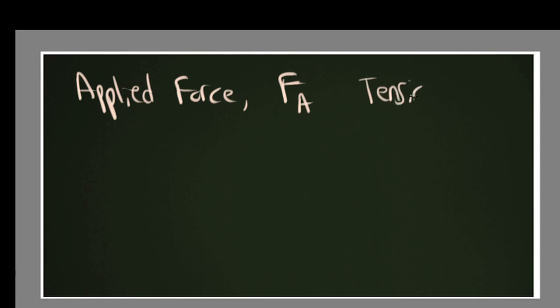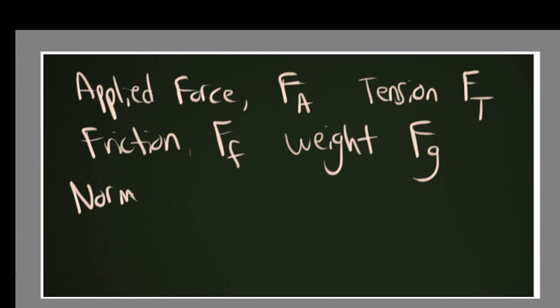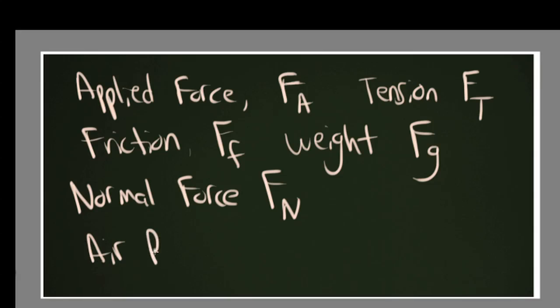So that's the applied force due to tension, and that's F sub T. We have friction involved, whether it's static or rolling, and that's F sub F. We have weight, any object's weight, F sub G. We have normal force, which is the perpendicular force that a surface exerts upward on an object, F sub N. And we do have air resistance too. That could be in a problem. So air resistance is F sub R.